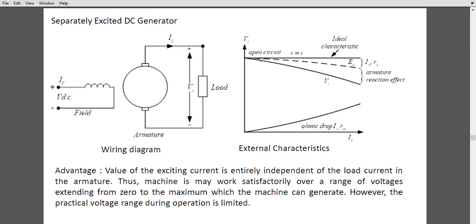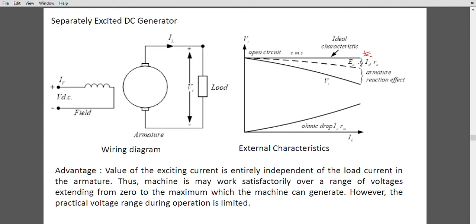Here we can see for the ideal condition when there is no load or it is an open circuit, the ideal characteristics should be a straight line, which is the normal characteristics of a DC wave, right? So this straight line represents the characteristics of an ideal DC machine which is not connected to a load.